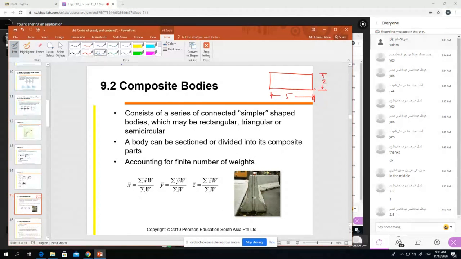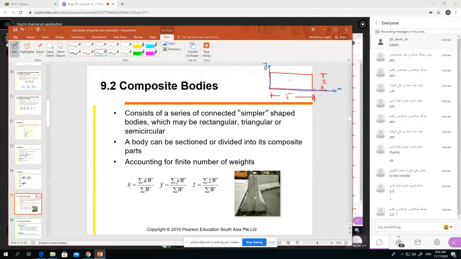Kamal Ashraf said 2.5 and 1, and Abdul Rahman said 2.5, 1. The answer is correct. In that case, you assume that this is the y-axis and this is the x-axis.